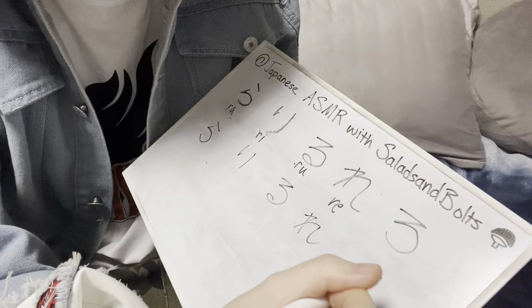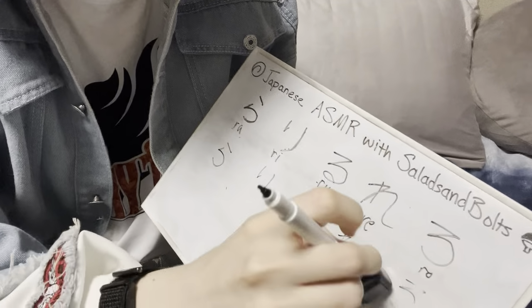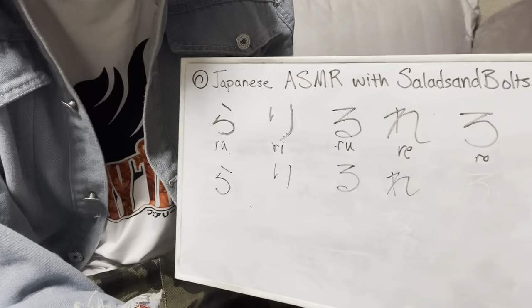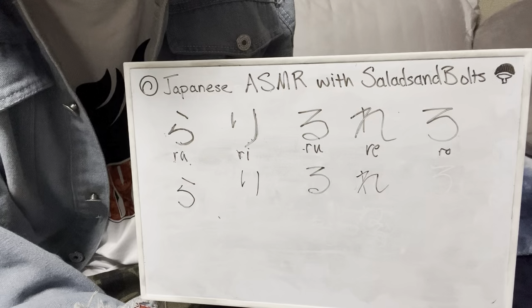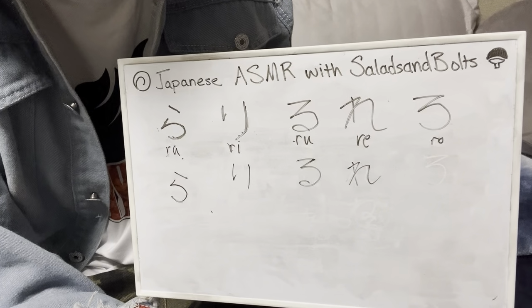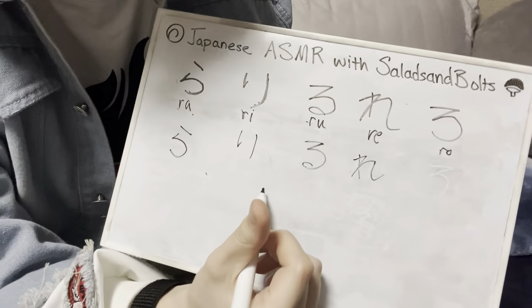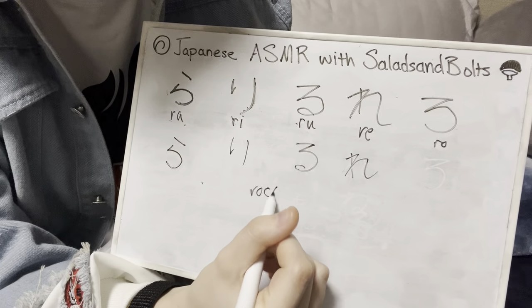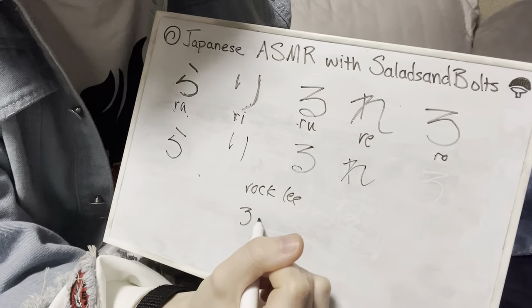Then finally we have ro. So ro is the last one. And I couldn't think of anything that starts with ro other than Rokkuri for Rock Lee. So if you want to have Rock Lee, it's Rokku.